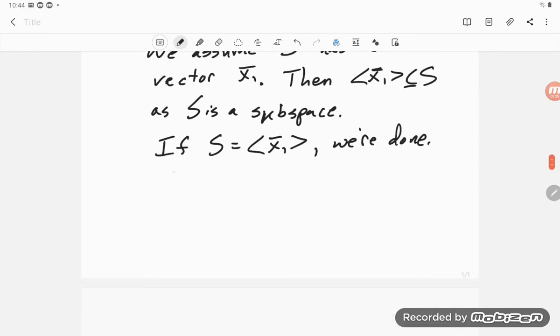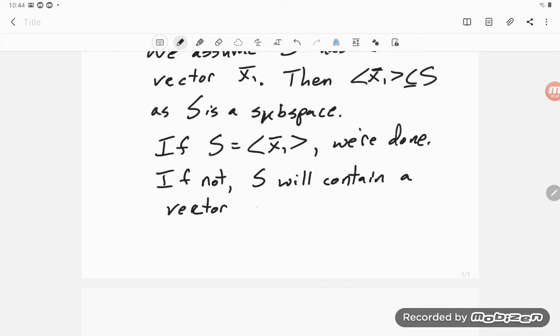And if not, S will contain a vector x2 that, they say, is not a linear combination of x1.